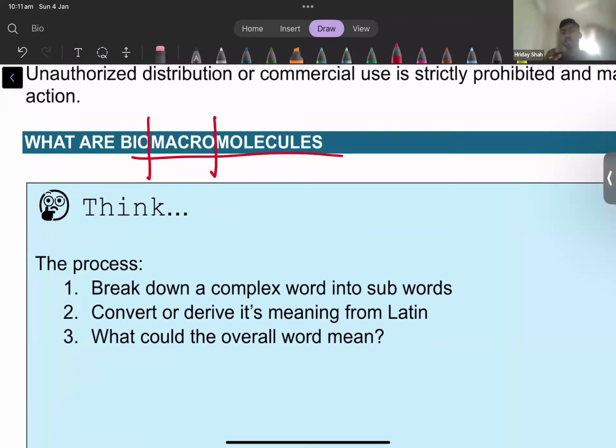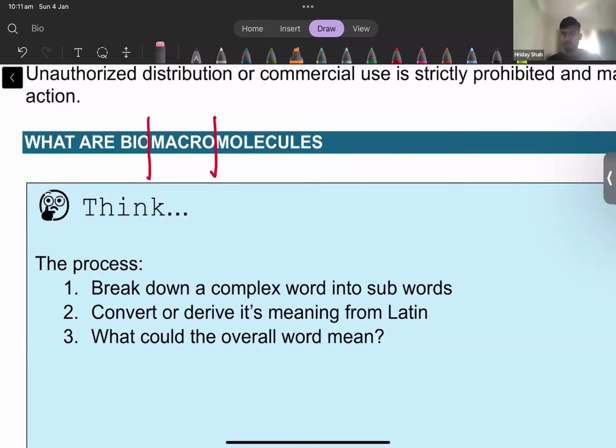But whenever you see a word like this, there's a process you want to follow to understand what's actually happening. You could just memorize the definition, but if you understand where this word is coming from, it will make a lot more sense and help you to remember. So the first thing we want to do is always break it down into the subwords or root words that you actually recognize.